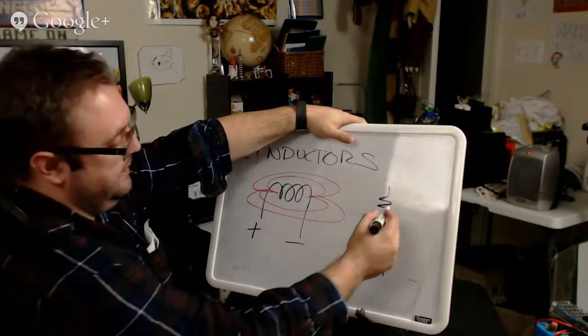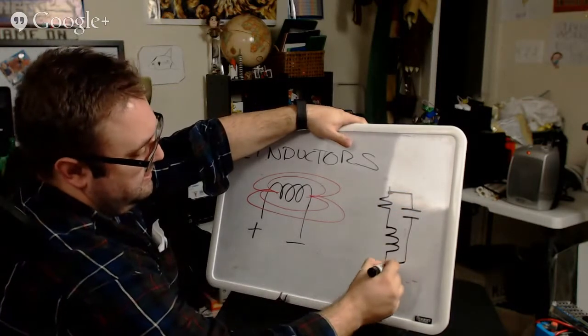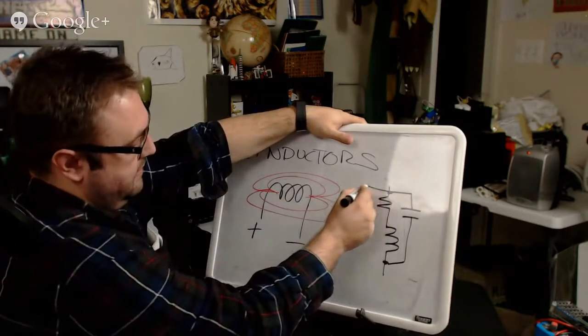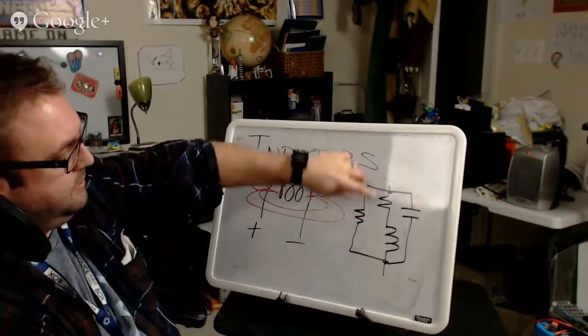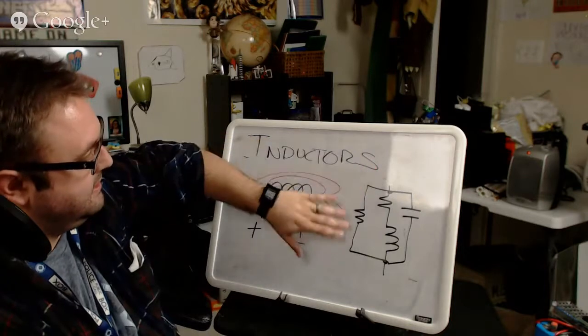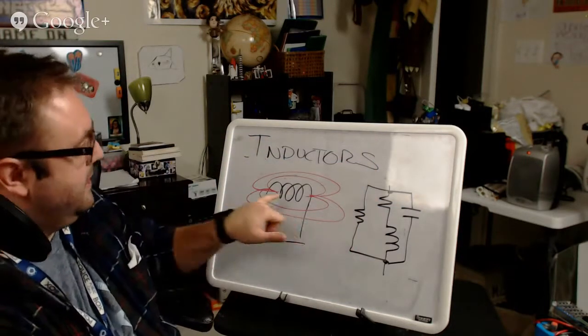Then there is a parasitic capacitance. And then there is a parasitic resistance as well. So the equivalent series resistance, a parasitic resistance, and a parasitic capacitance.